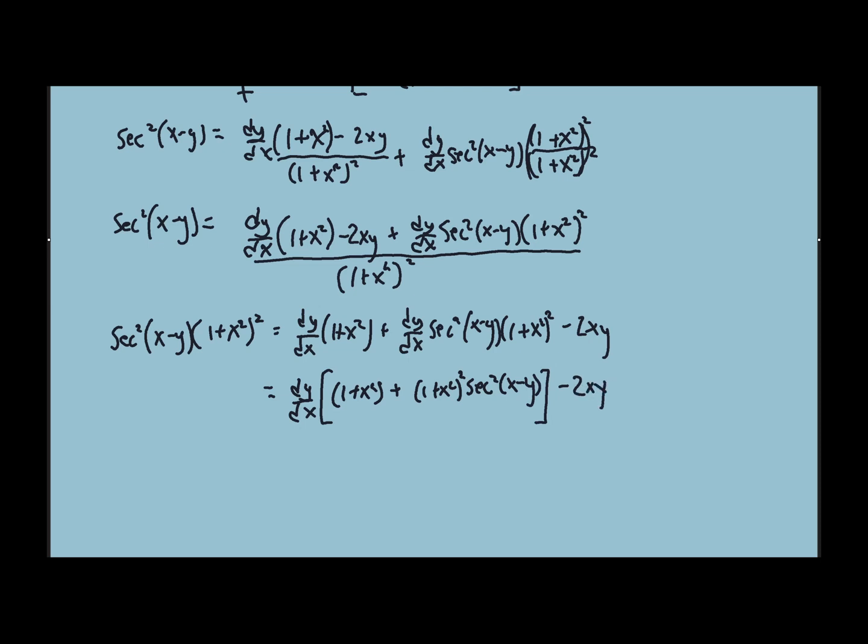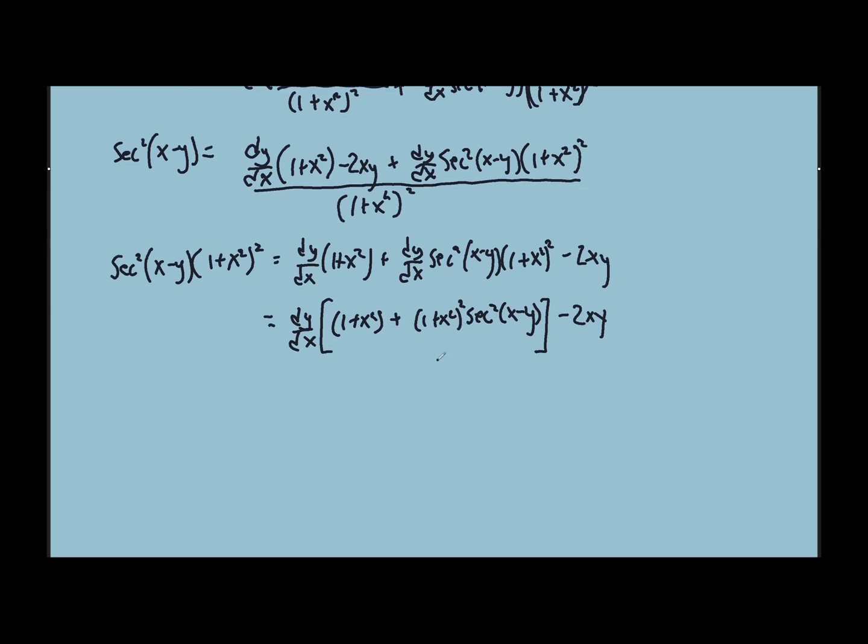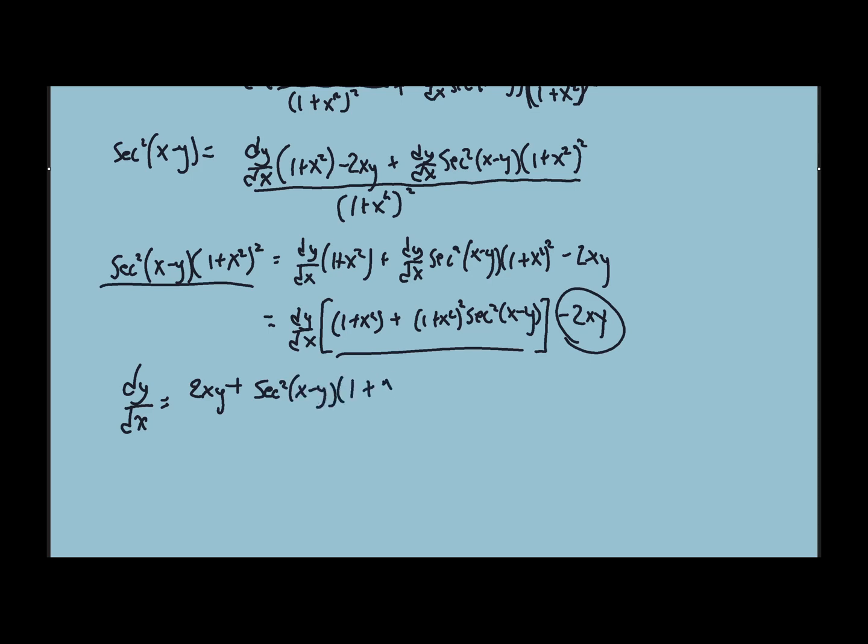What are the odds this is going to be right? So let's add this to the other side, and then we'll divide by this amount. So I should get dy dx equals 2xy plus what was already over here, secant squared (x minus y) times (1 plus x squared) squared.